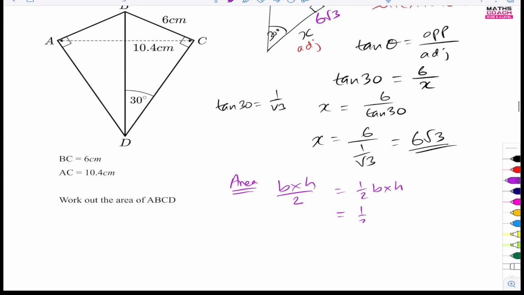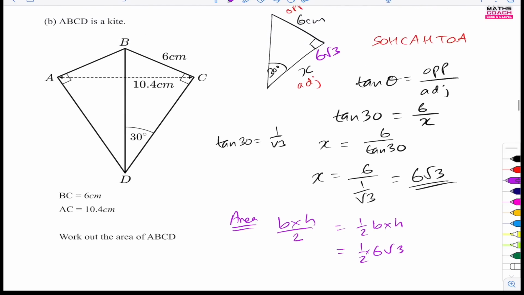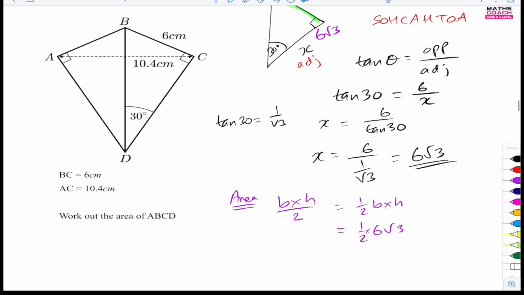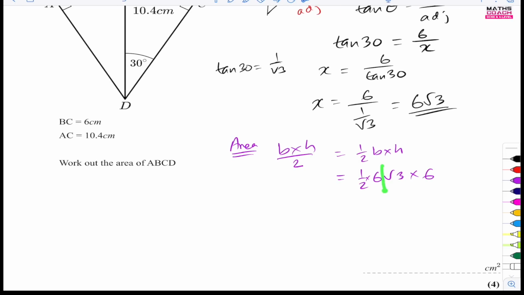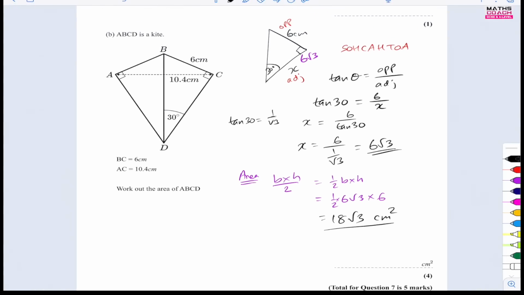So half times the base, which is 6 root 3, times the height, which is right here, 6. Let's just do this one first. Half times the 6 is 3. So 3 times the 6 is 18. So that would be 18 root 3 centimeter squared, because we worked out an area of a triangle.